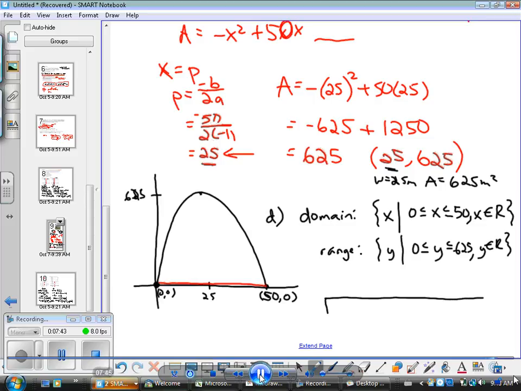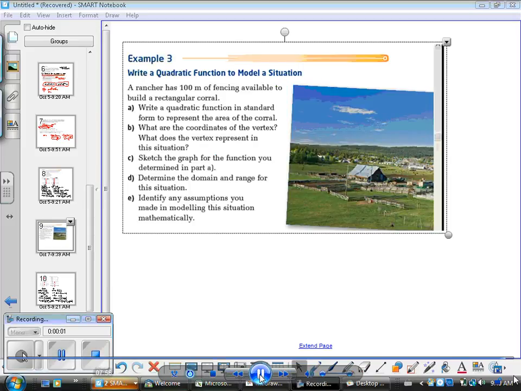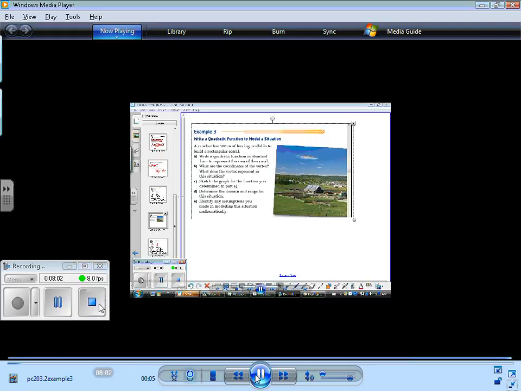But mathematically, I guess that would be the domain and the range. It does ask you which values make sense, but it doesn't necessarily expect you to look into the farmer's head.